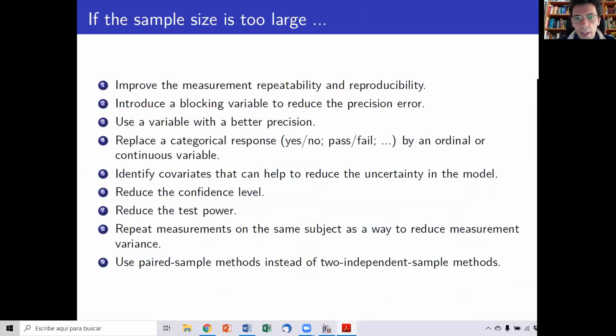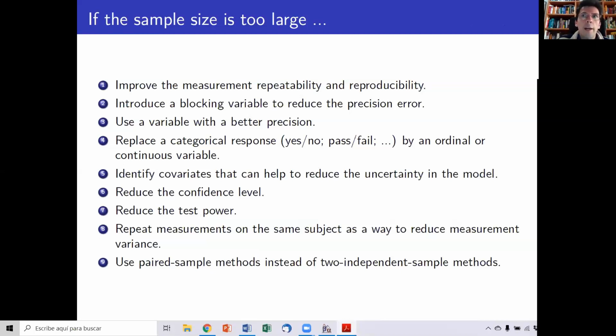And these paired samples are a very powerful way of having a low number of animals. And with animals, for instance, it depends on the treatment and what you are studying. But for instance, they have two legs, so you can apply one treatment to one of the legs and the other treatment to the other leg.